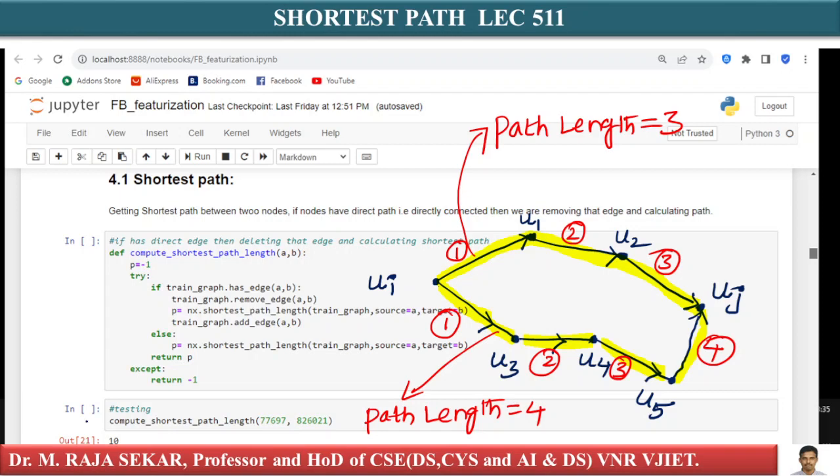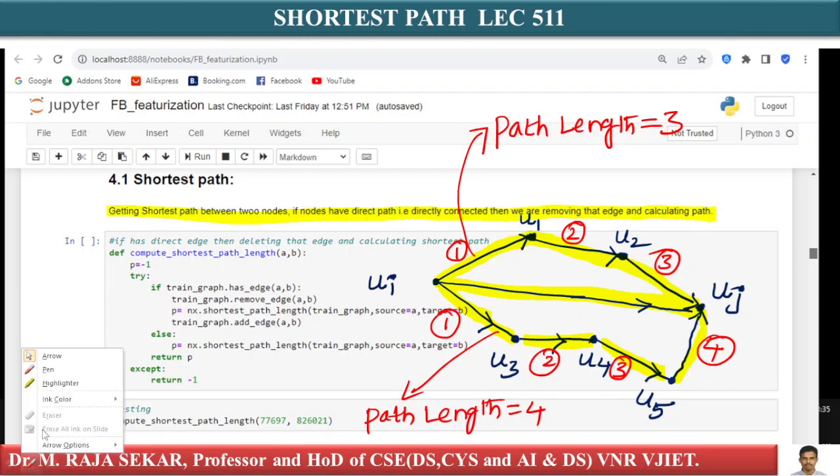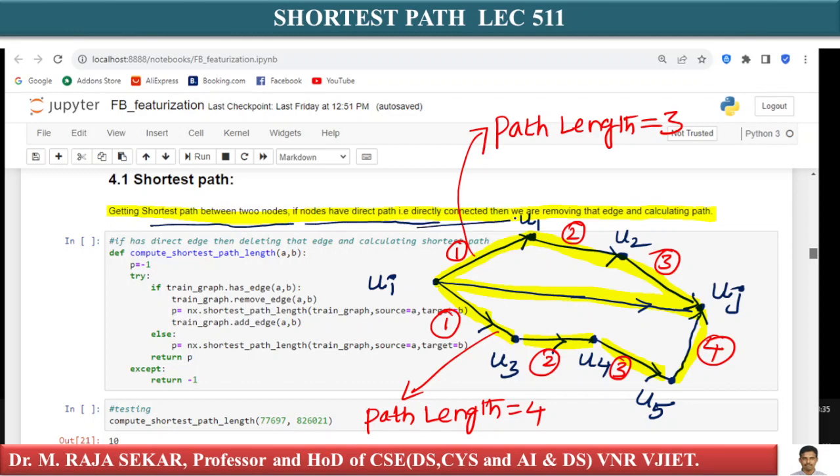For example, imagine there is a direct edge between ui and uj. In that case, what do you have to do? Just read this: getting the shortest path between nodes. If nodes are directly connected, that is, there is a direct edge, we remove that edge and calculate the path.